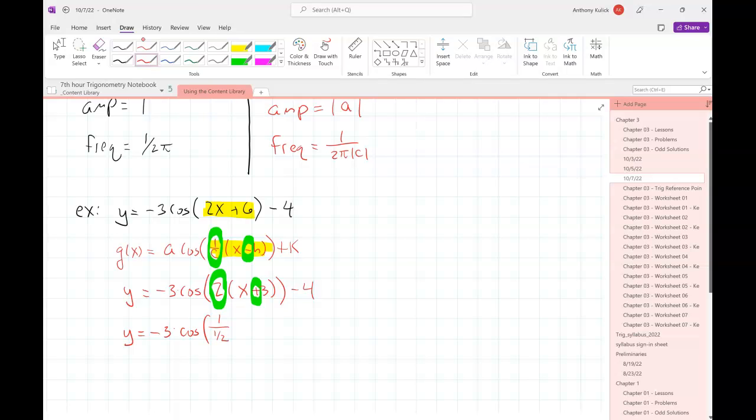Right, the reciprocal of the reciprocal is the same as doing nothing at all. So just write it as the reciprocal of 2. And then how do I rewrite an addition problem as a subtraction problem? Great, minus a negative. So then it should be easy to see that my a is -3, my c is 1/2, my h is -3, and my k is -4.